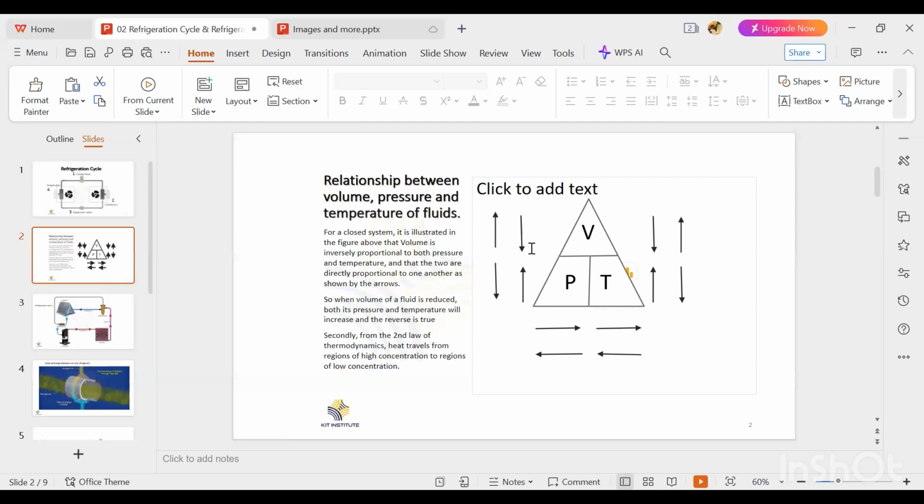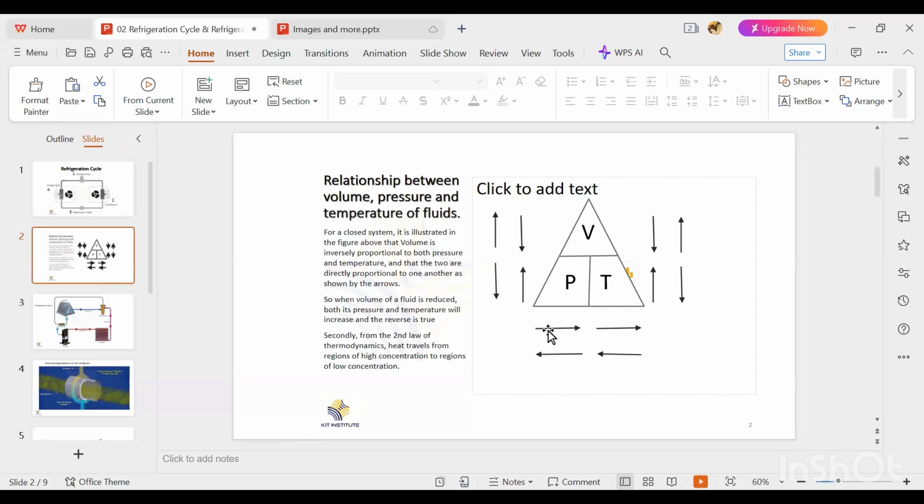So when volume falls down, pressure increases, and when volume falls down, temperature increases. And the reverse is true. When the volume increases, the pressure falls down. The same thing applies to temperature. When you increase volume, temperature will fall down.